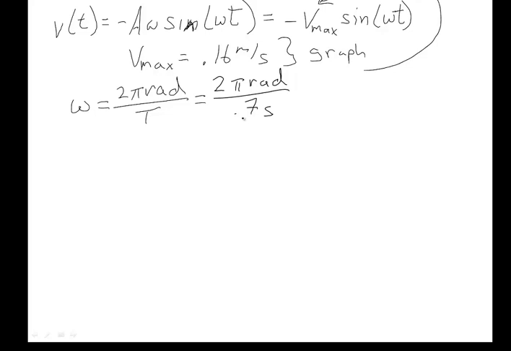Again, if you go from crest to crest, it's about 0.7 seconds. So our angular velocity is right about 9.0 radians per second.